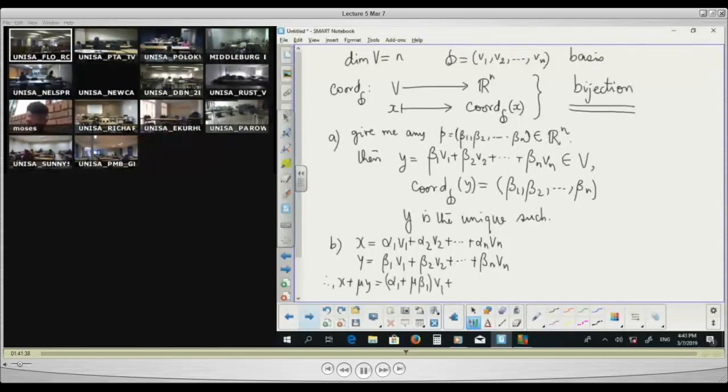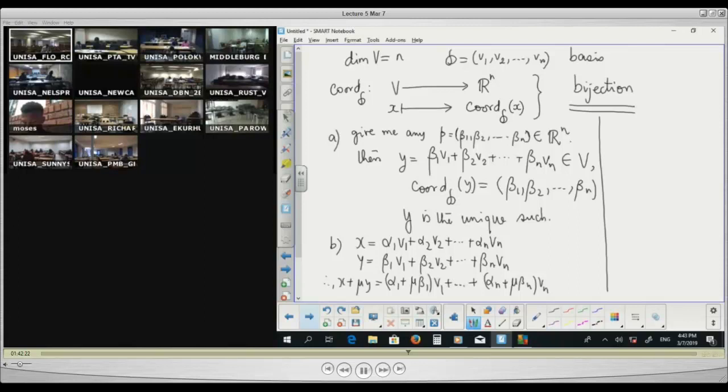So what comes up? What is the coordinates of x plus mu times y? This is alpha 1 plus mu times beta 1, which is nothing else but the coordinates of x plus mu times the coordinates of y.